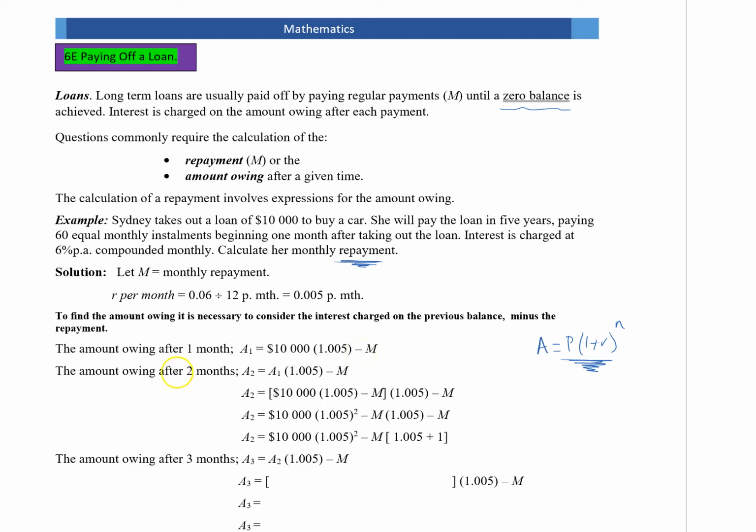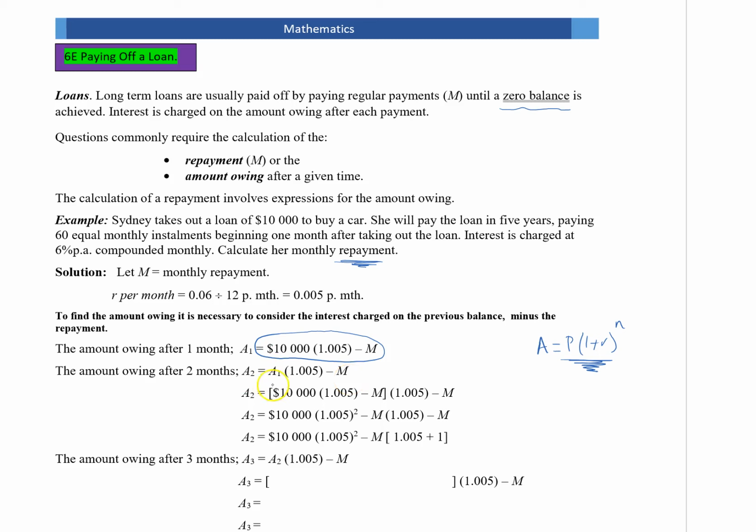So the amount owing then after 2 months is now this amount times 1.005, because in the second month, the interest is only charged on the amount owing. So it's A1 times 1.005, subtract another payment.